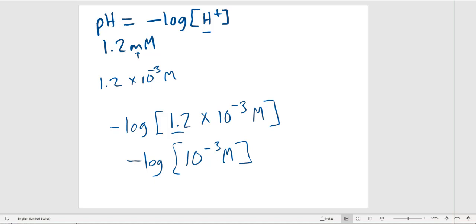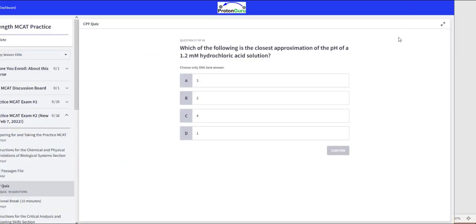Now the logarithm of 10 to the minus third is minus 3. Remember, the log is just the power you need to raise 10 to. So minus 3, but negative log plus 3. So we should be kind of close to 3. We see that 3 is in fact one of our answers, and that would be correct in this case.